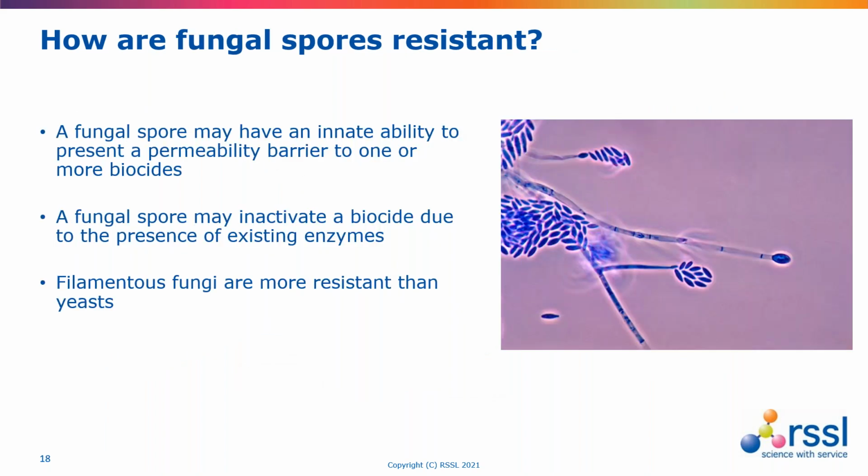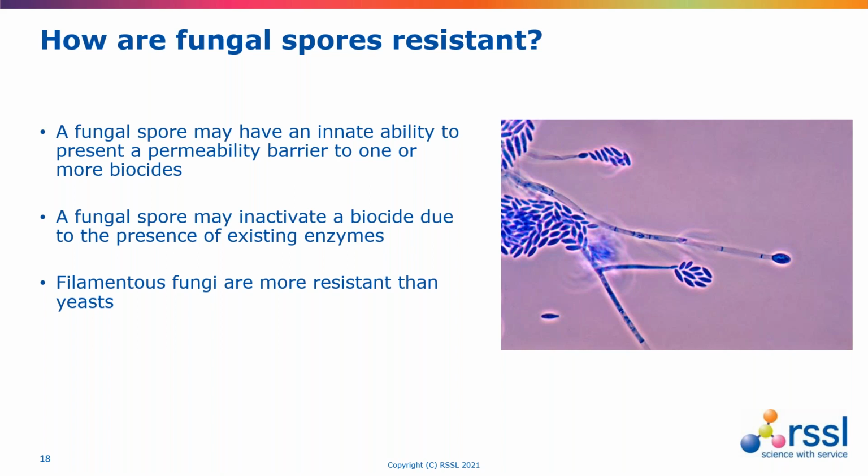So we said that fungal spores are generally less resistant than bacterial spores, but it still stands that some fungal cells have an innate ability to present a permeability barrier to biocides, and this might just limit time, but in some cases it can stop certain disinfectants from getting through.